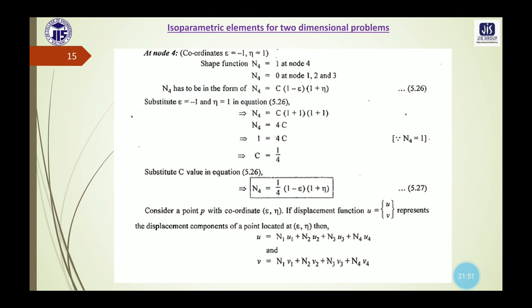In a similar manner again we can calculate the value of the shape function N4 at node 4. At node 4, from the given diagram you can write the coordinate epsilon is -1 and eta is 1. So the shape function N4 is 1 at node 4 and the value of N4 is 0 at nodes 1, 2 and 3.